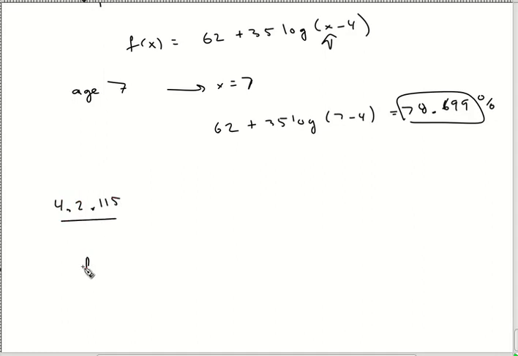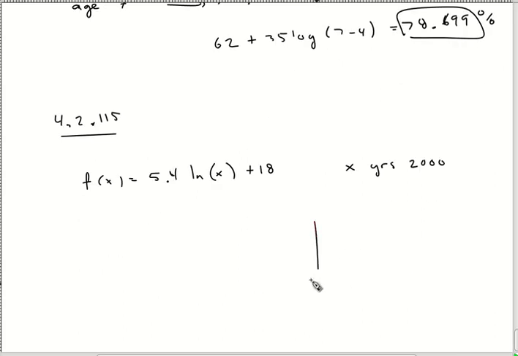So here we go. There is another function. F of x is 5.4 ln of x and then plus 18. Okay. And it says x is years after 2000. And it says, does this over or underestimate the graph?